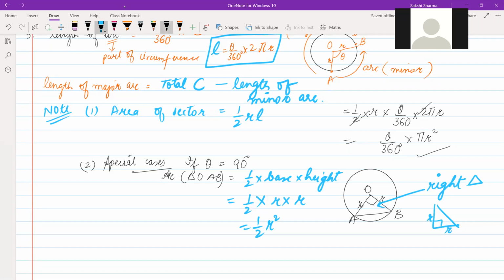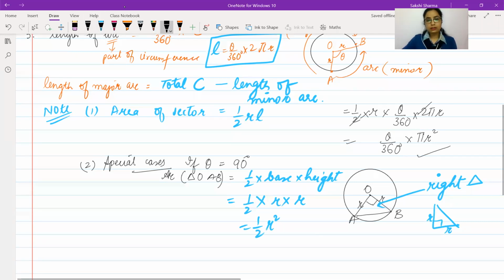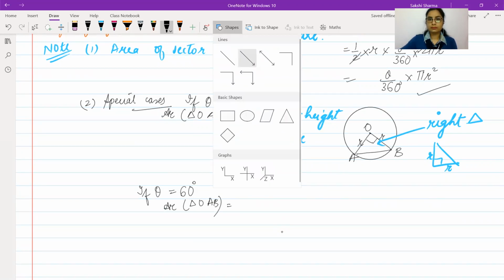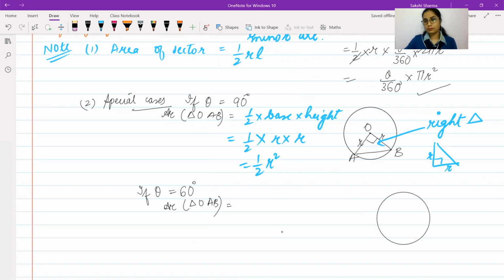And then there is another case when the central angle is 60 degrees. If this is 60 degrees, what type of triangle would it be?